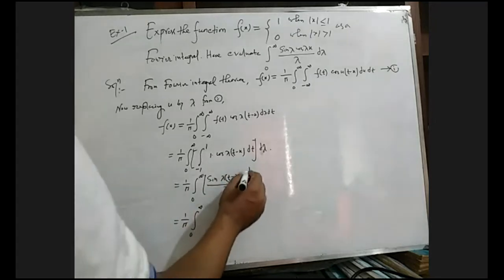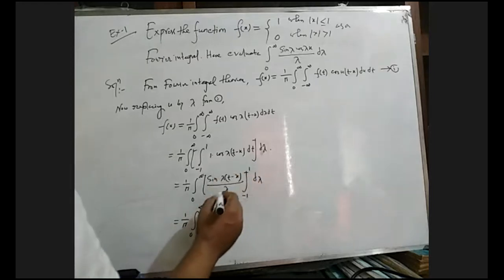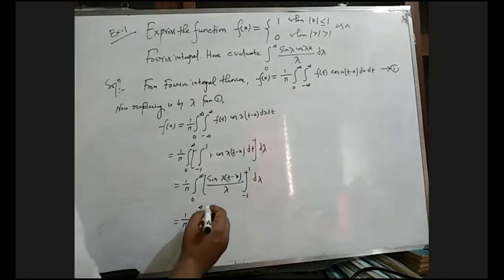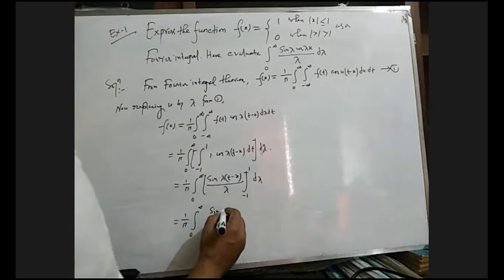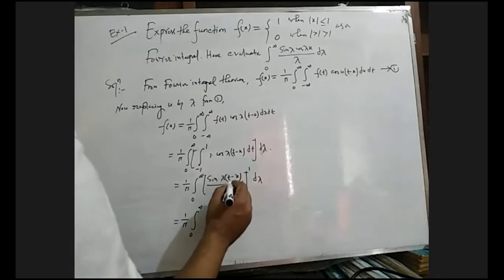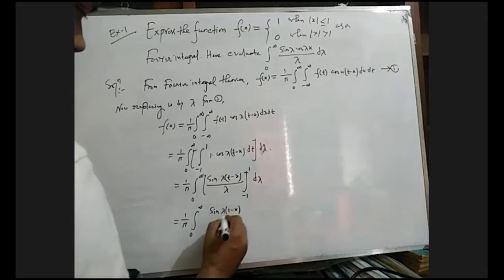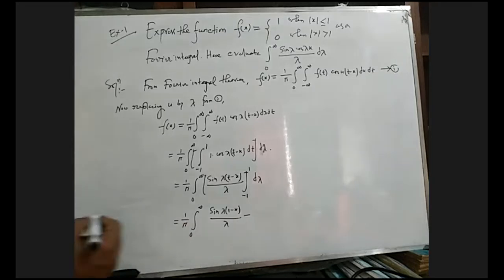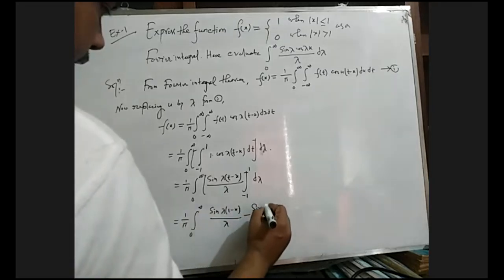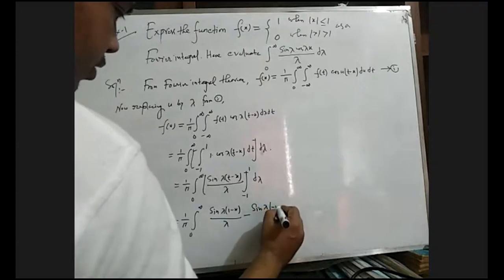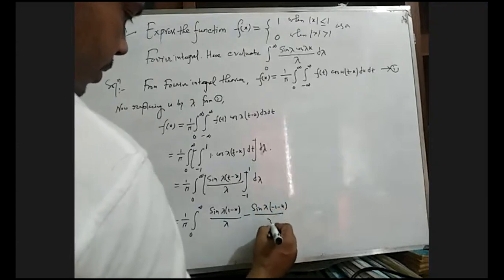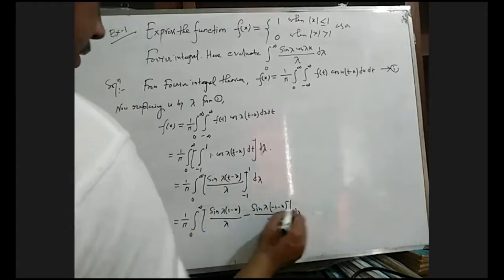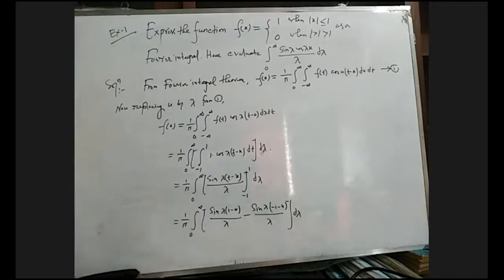Putting t equals the upper limit 1, we get sine lambda (1 minus x) divided by lambda, minus, for minus 1, sine lambda (minus 1 minus x) divided by lambda, d lambda. This is an improper integral.